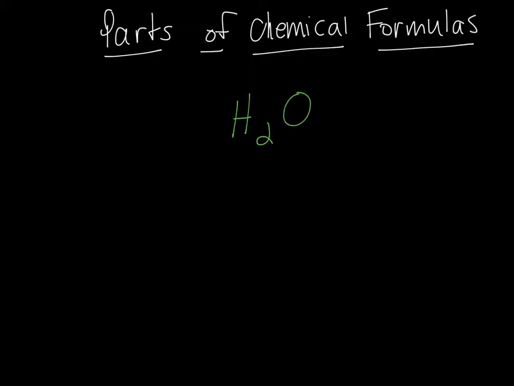The little 2 that you see at the bottom, this one right here, tells us that there's 2 hydrogens in this molecule. That part of the formula is called a subscript. It's called a subscript because it's down below the rest of the numbers. That's what that prefix means. SUB usually means below. So a subscript is down below the rest of the letters or numbers.